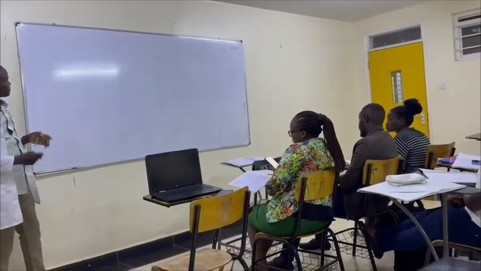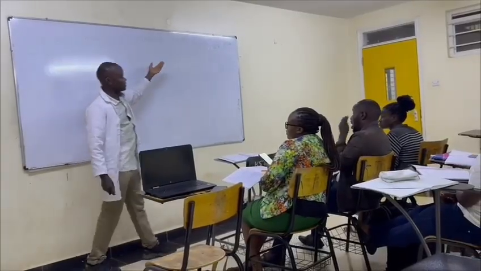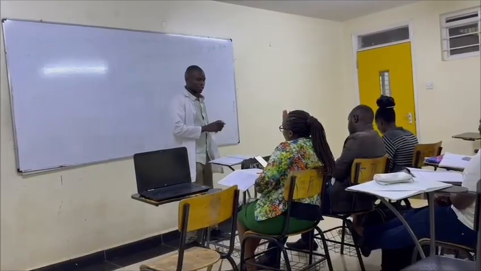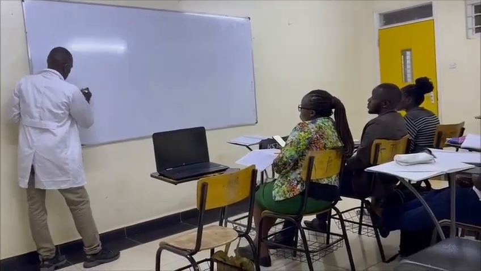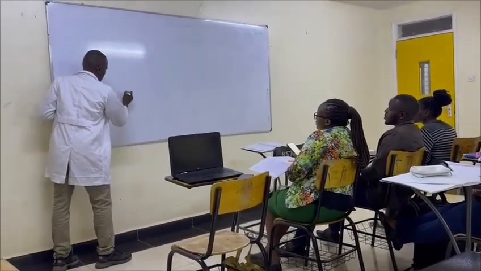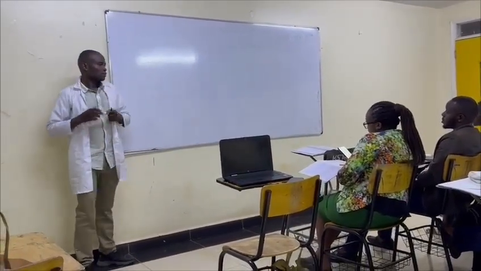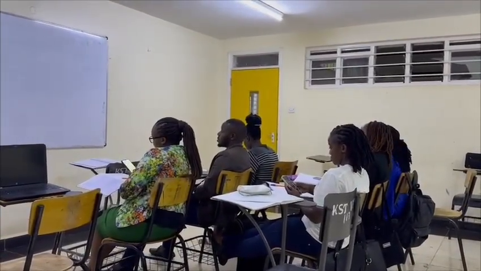The second objective. Why do you think it is important to do bank reconciliation? Yes? To detect frauds. Fraud detection. Can you explain this, please? This point is very, very important. Remember, we don't trust ourselves within the organization.